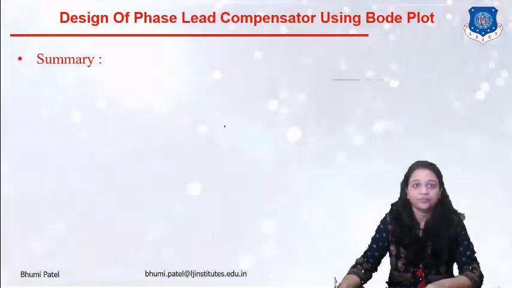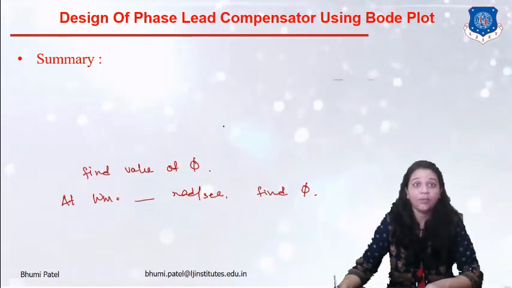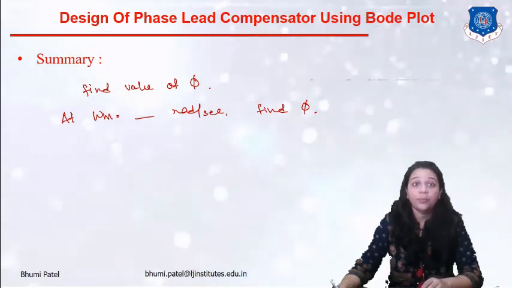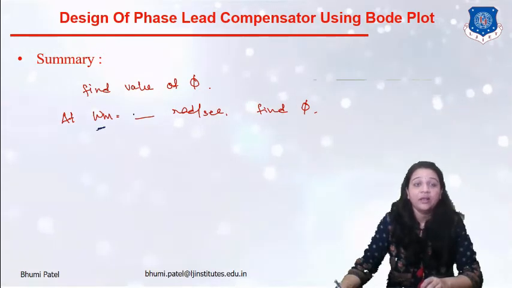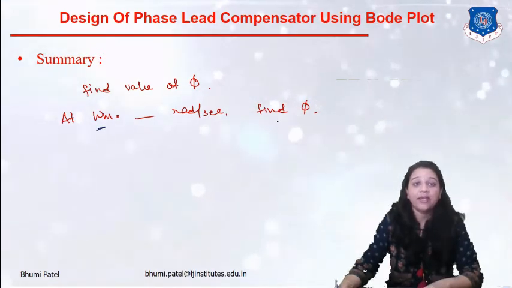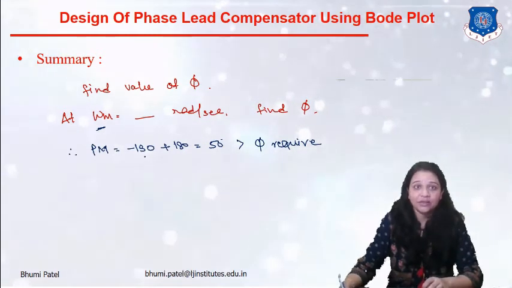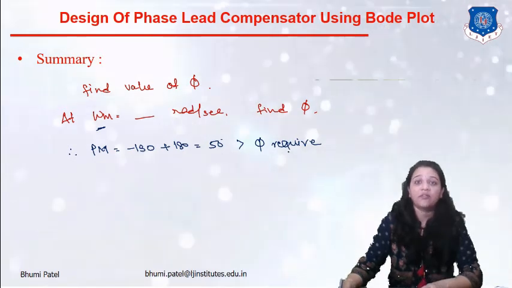Now the summary of the phase lead compensator using the Bode plot. We have to find the value of omega and the value of phi. So the equation is Pm equal to minus 130 plus 180, equal to 0, greater than phi required.